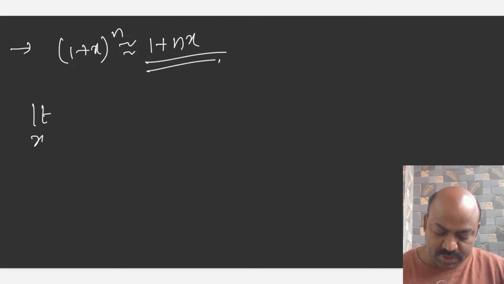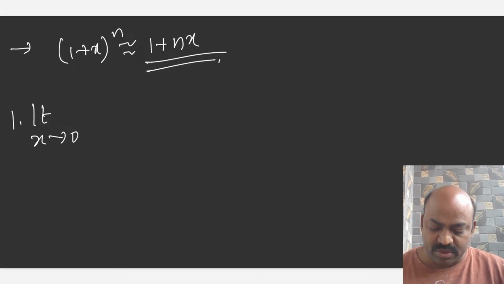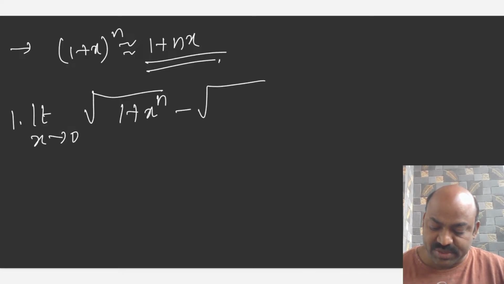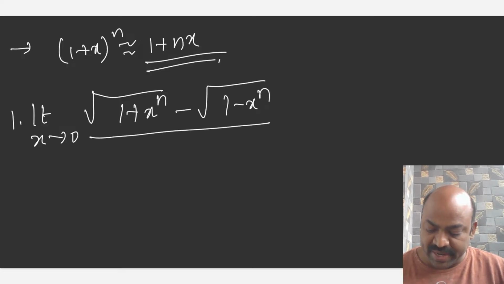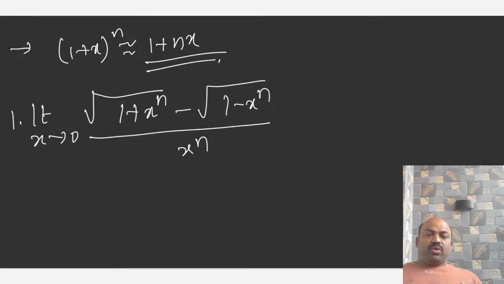Limit x tends to 0, question number 1: the root of (1 plus x power m) minus (1 minus x power n), by x power n. So what will you do, can you say? You will apply your 1 plus nx formula. So 1 is there, but instead of x you have x power n.